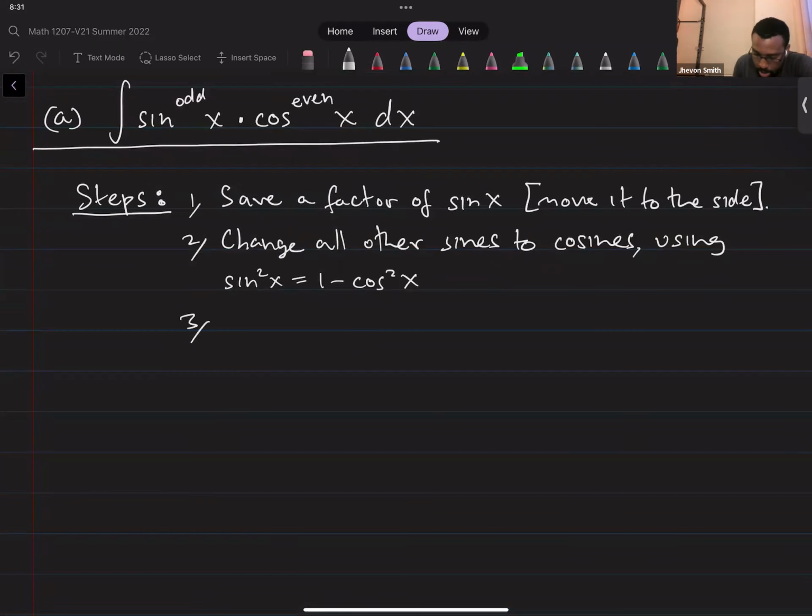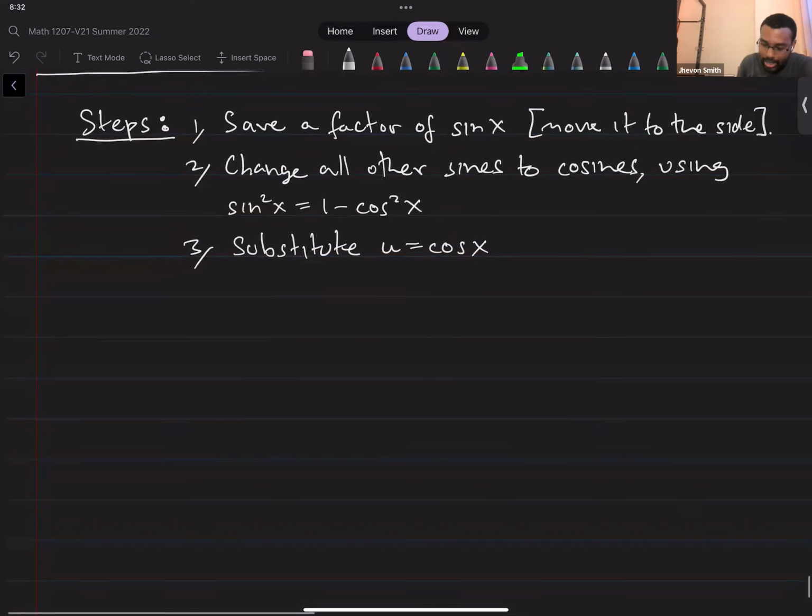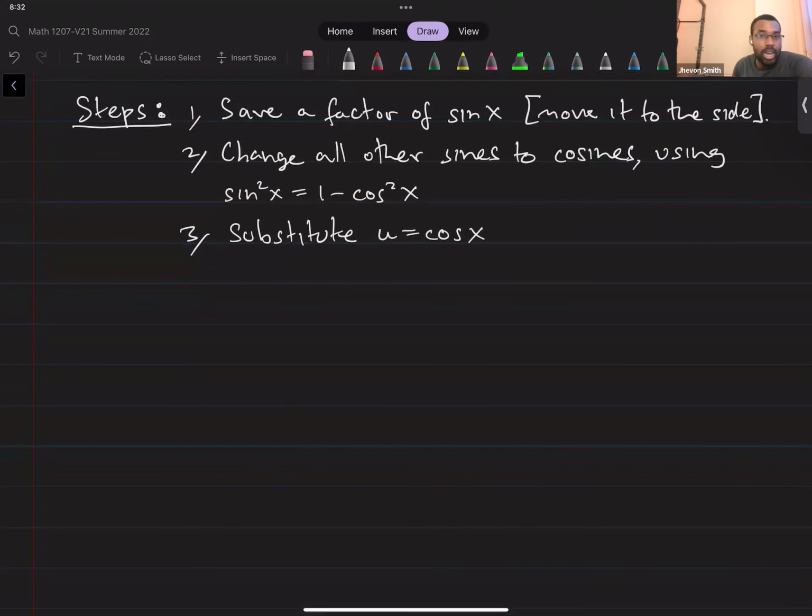Then you're going to do a substitution, u equals cosine. Once you do that, the sine that you moved to the side in step 1 is obviously going to be your du. So that's going to be nice. Everywhere else you have cosines, and each of those gets replaced by u. So at that point, it's going to be easy to integrate.